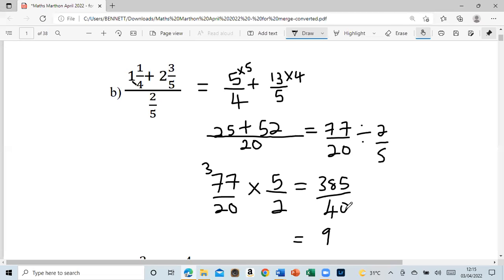Sir, the 5 can go into 20. I'm just like I said. Sir, you can reduce it, 20. All right. Yes, sir.